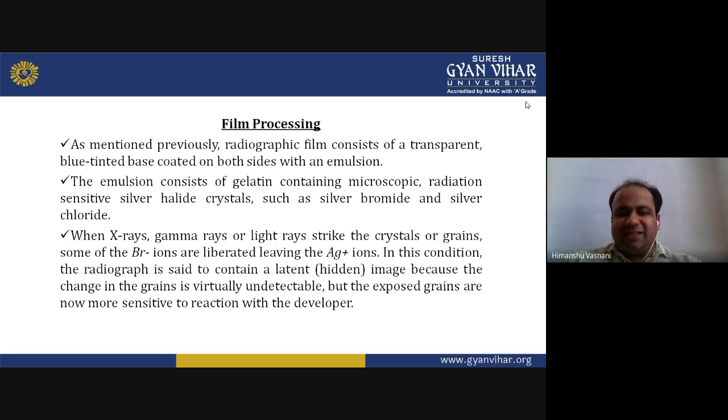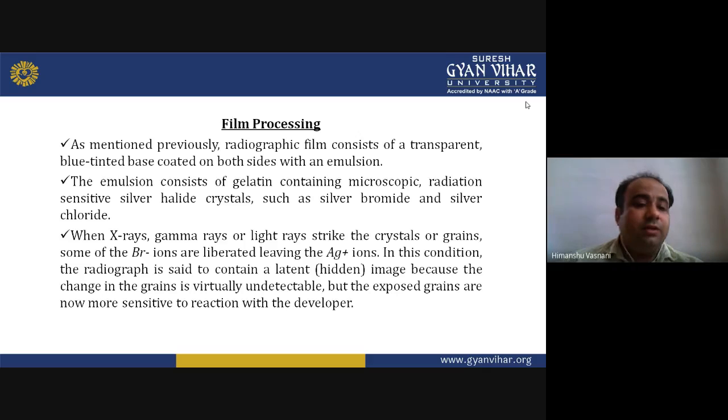When X-rays, gamma rays or light rays strike the crystals or grains, some of the Br minus ions, the bromide ions, are liberated, leaving the Ag plus ions, silver ions.